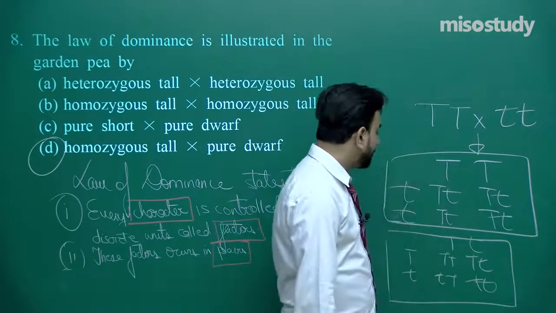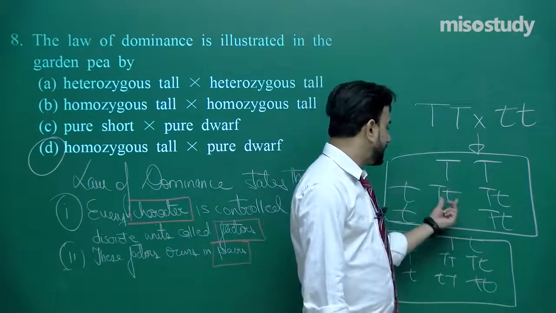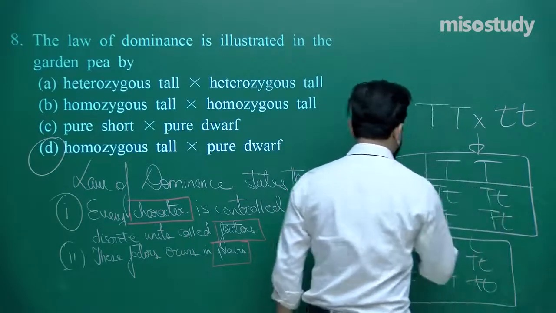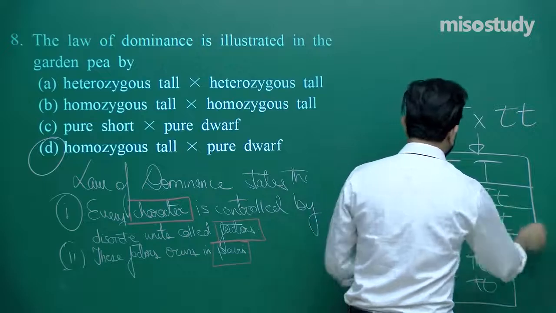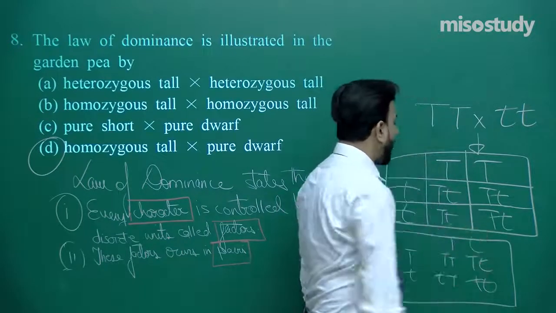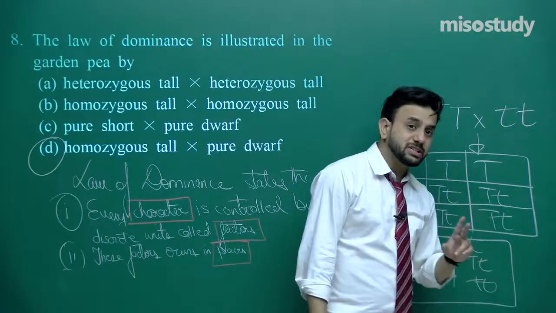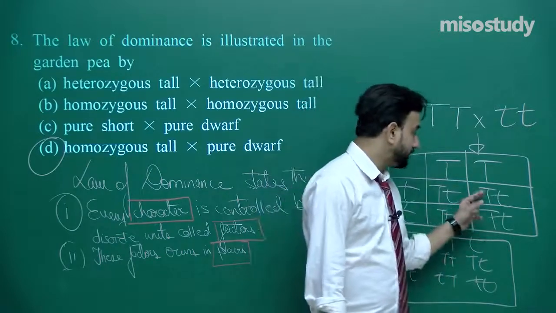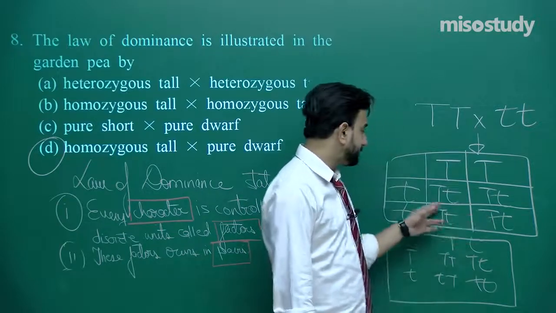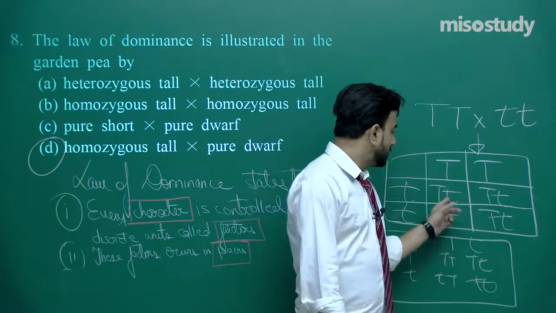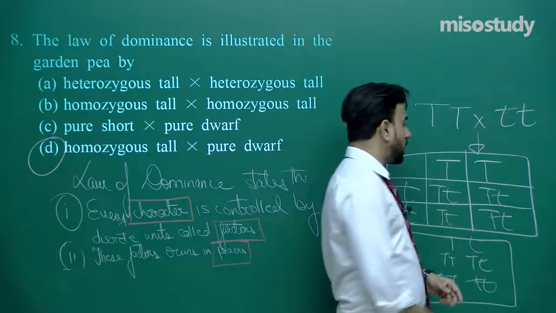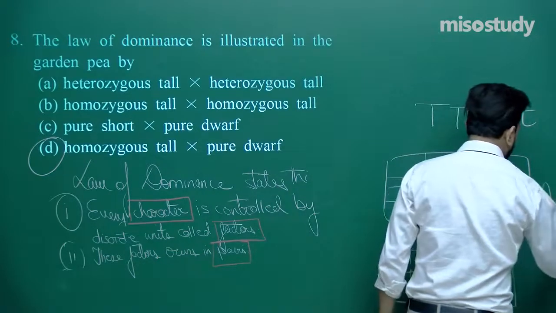So we see here that in these cases, this is a heterozygous condition. Both the gametes are separate: capital T, small t, capital T, small t, capital T, small t, capital T, small t. Even in the presence of these dissimilar gametes, we are seeing that one will be expressing, that is capital T, and all these four are tall.